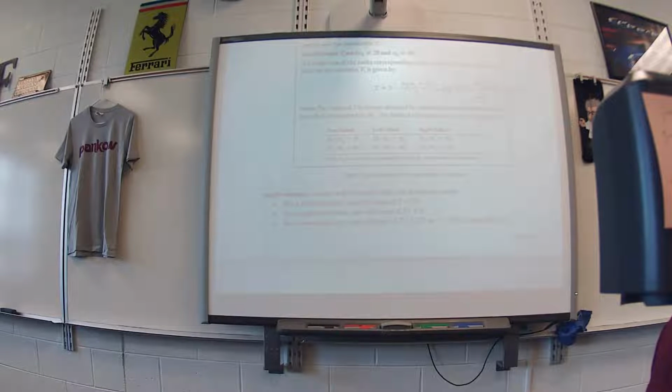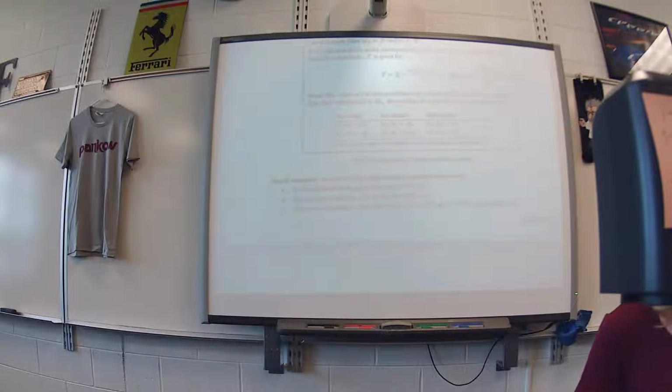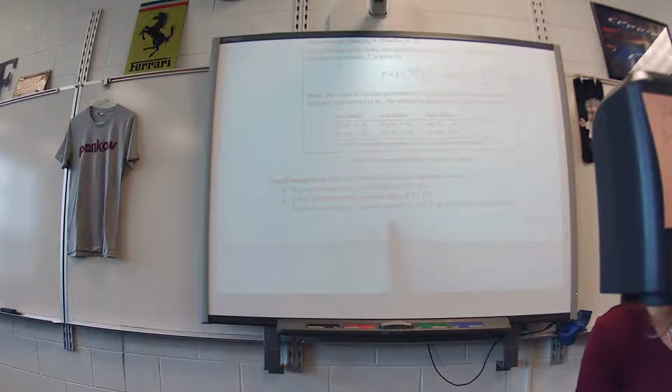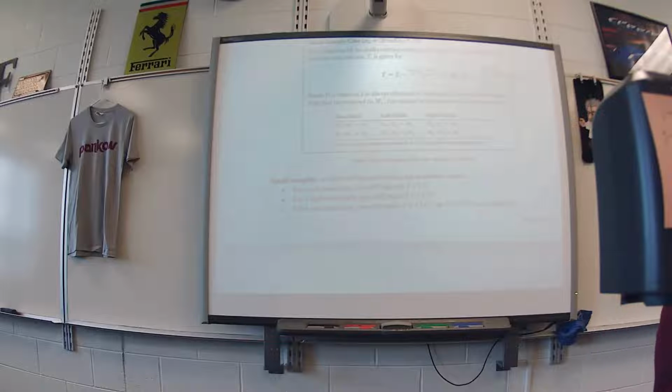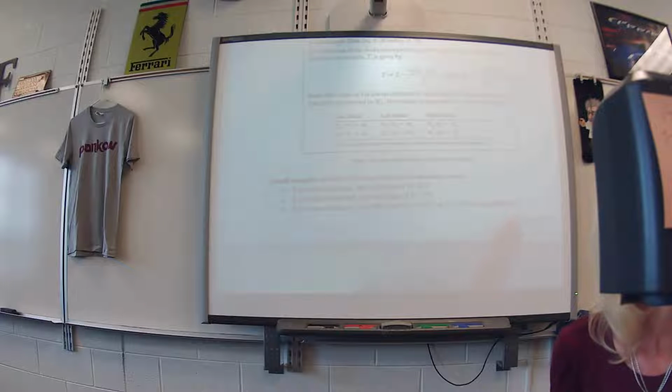For a two-tailed test, you have two critical values, a lower and an upper, and you reject if your test statistic is lower than the lower critical value or greater than the upper critical value. You only use half of alpha for that.